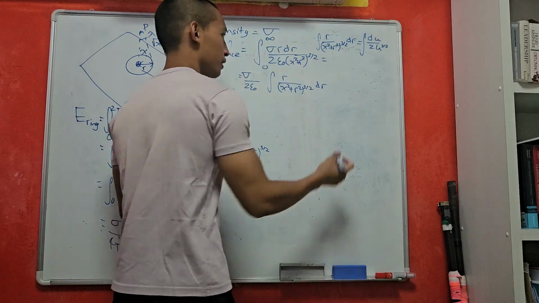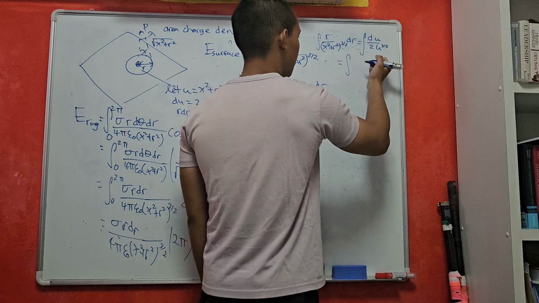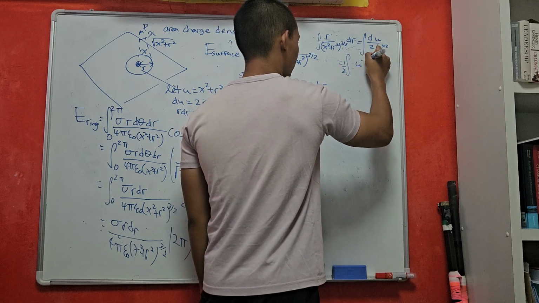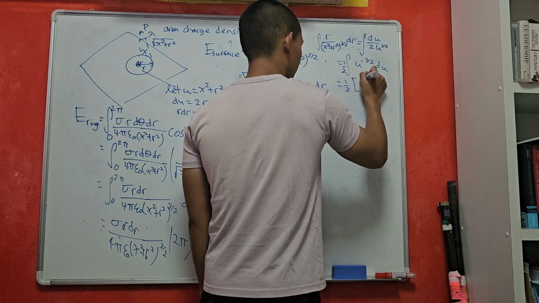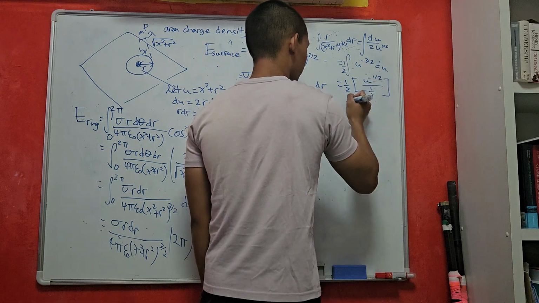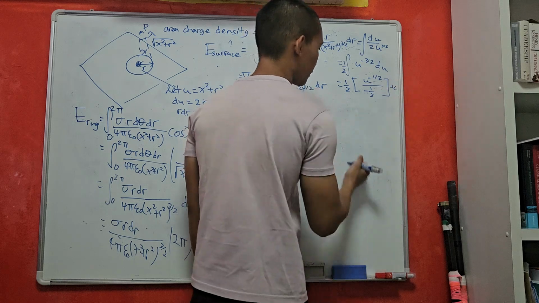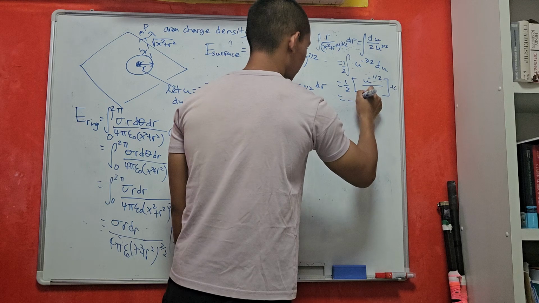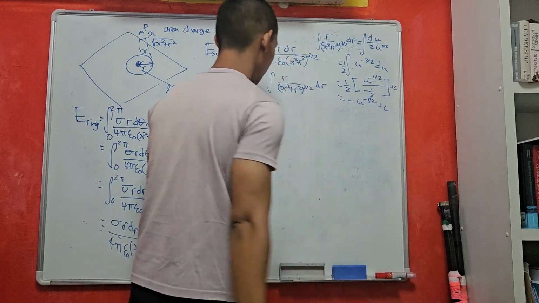Okay, so this is just equal to the integral of half u to the negative 3 over 2 du, and this is just half times u to the negative half over negative half, plus c. Okay, so this is just negative u to the 1 over 2 plus c.